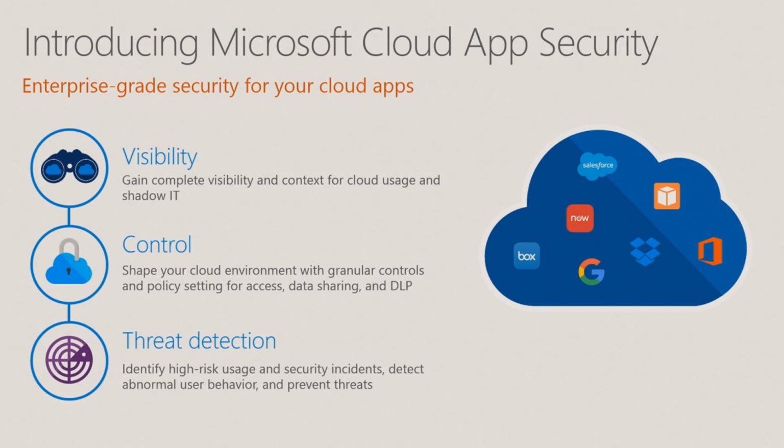There are a lot of cloud access security brokers that give you visibility about what type of applications you have. But can you control them? Can you control the data in them? Can you make sure that your users are not uploading critical documents to a public link? You want to make sure that you will be able to do that. And finally, these applications are as vulnerable as on-premises when it comes to threats. We also provide threat detection.